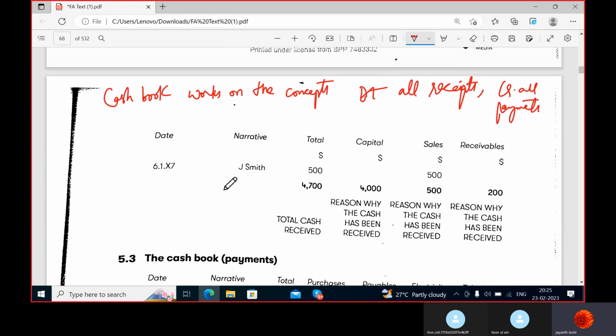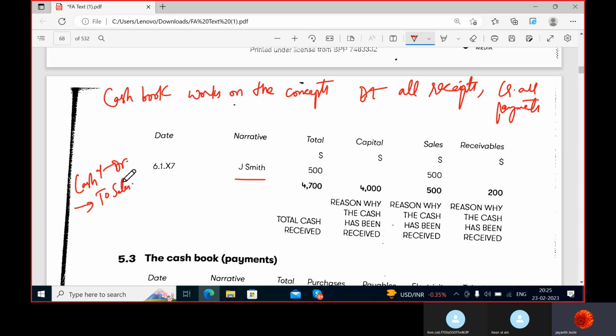And then J Smith is someone to whom we sold goods. Whenever you sell goods, what is it that you get? You get cash for sales. Why do we write this? Because when we sell goods to someone, our cash, which is an asset, increases. When an asset increases, it is debit. And when I sell goods to someone, that is an income for me. Increase in income is credit.